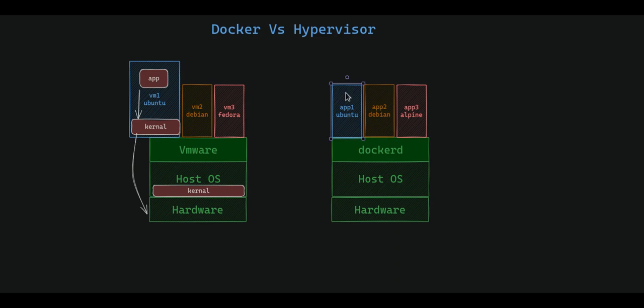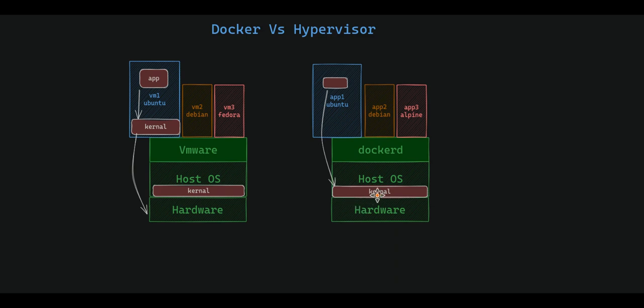But in the case of, say for example, Docker, your application source code is running here, and it requires some set of hardware resources. Then it talks to the kernel of this host operating system. So the host operating system kernel is present, and the app says I need some hardware resource.